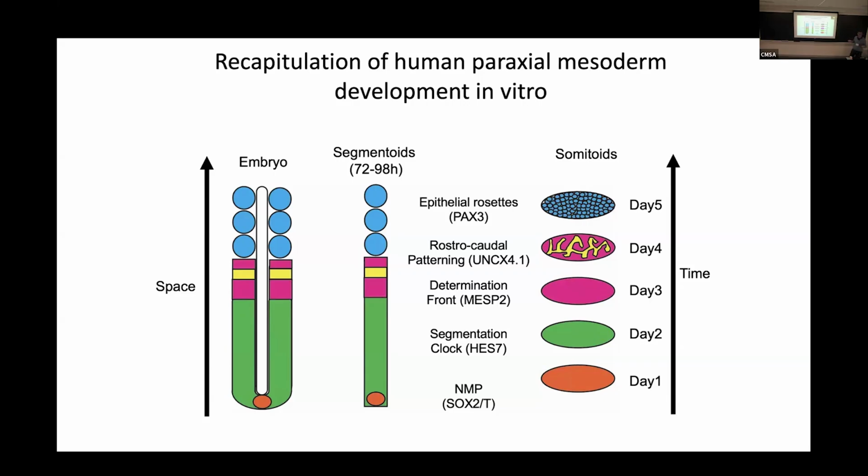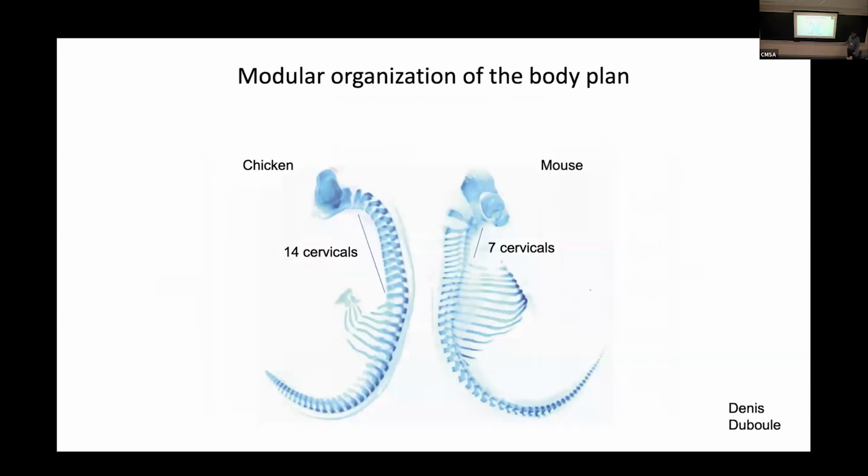Here, you really recapitulate the entire process very accurately, which is pretty striking, and raises a lot of questions on how such a system can self-organize. So I think these are really a core system to think about and perform experiments on these questions.